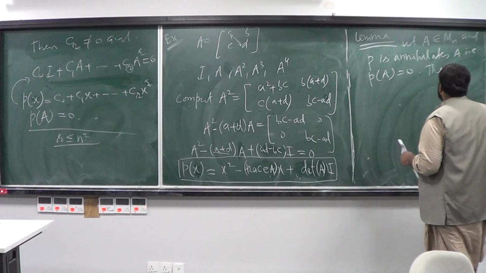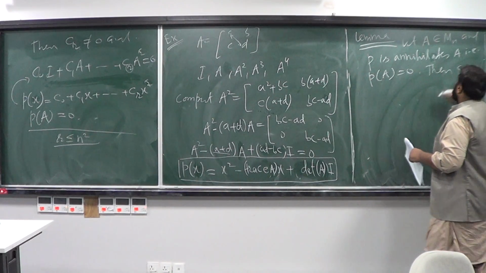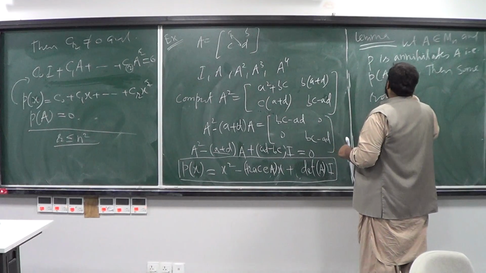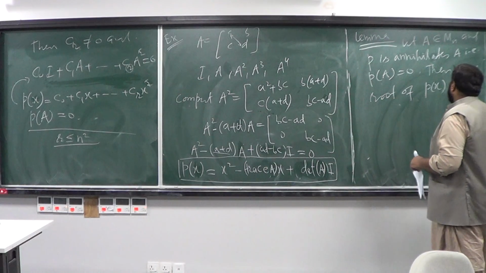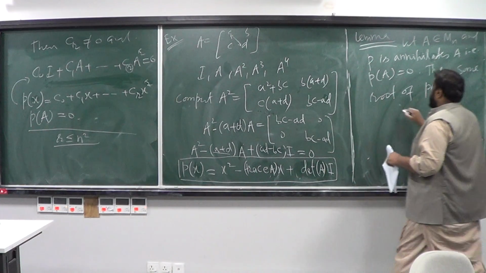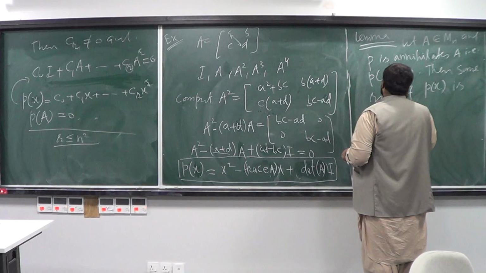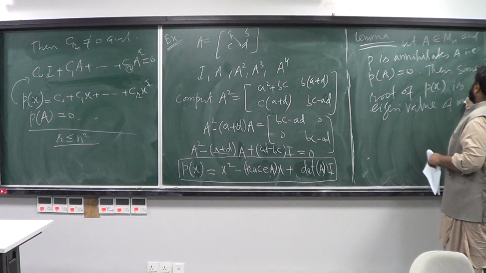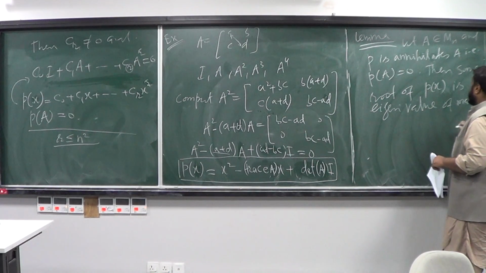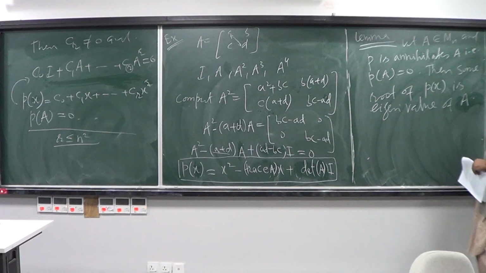Then here is the interesting thing. Then some root of the polynomial P of X is an eigenvalue of matrix A. So if A is a matrix, we know that for every matrix you can find an annihilating polynomial of degree up to n square.